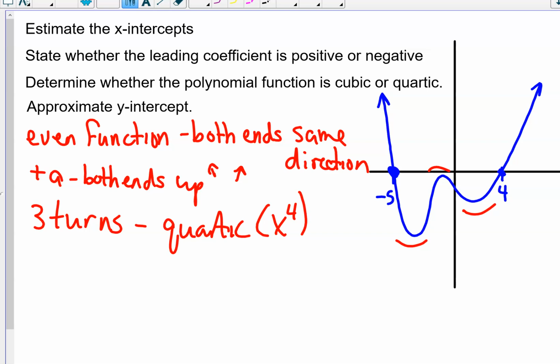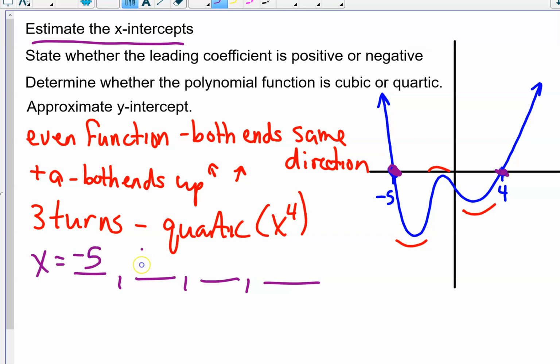Looking at estimating the x-intercepts, I know there should be 4 of them, right? Because it's to the 4th power, so I've got 1, 2, 3, 4. The first one is going to be right here, -5. The second one is right here, which is 4.